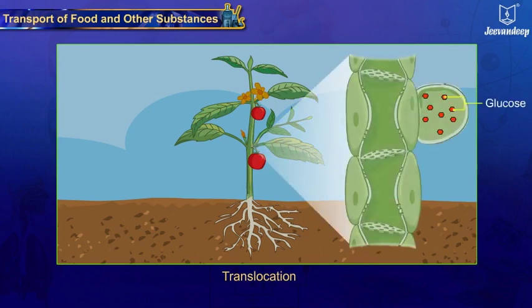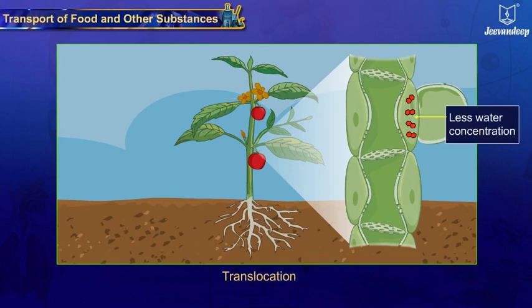Food, that is glucose synthesized by cells in the green leaves, is converted into sucrose and actively transported into the companion cells of nearest phloem tissue with the expense of energy from ATP. This causes decrease in the concentration of water molecules in that area.